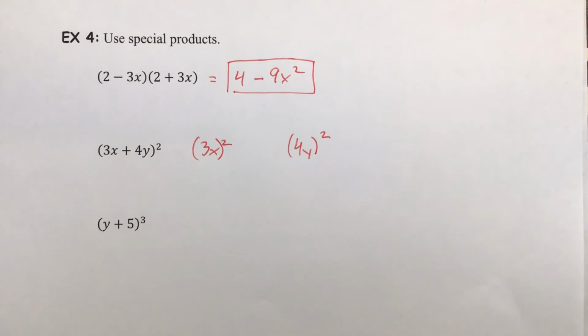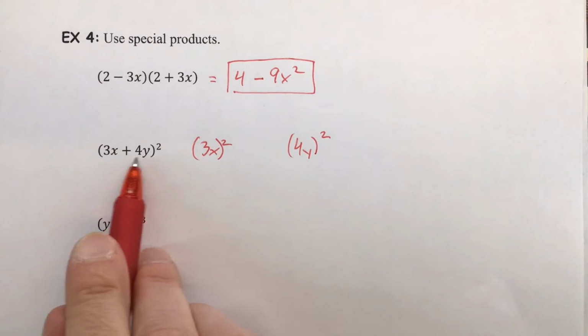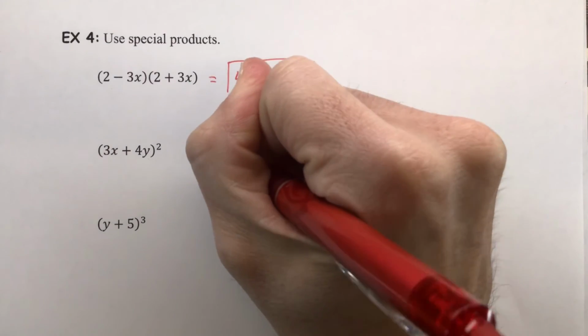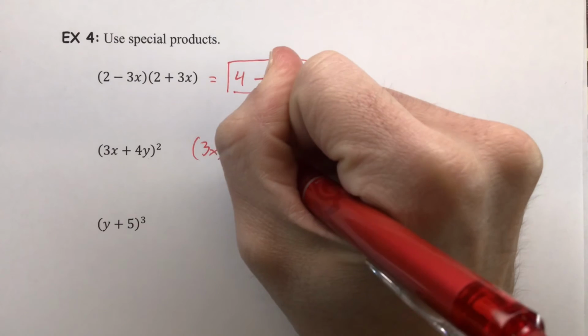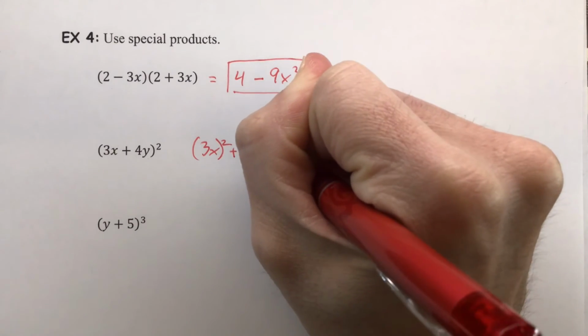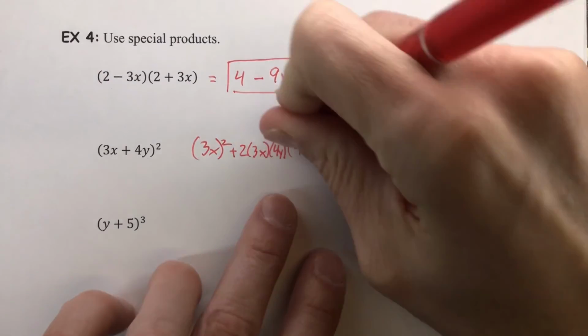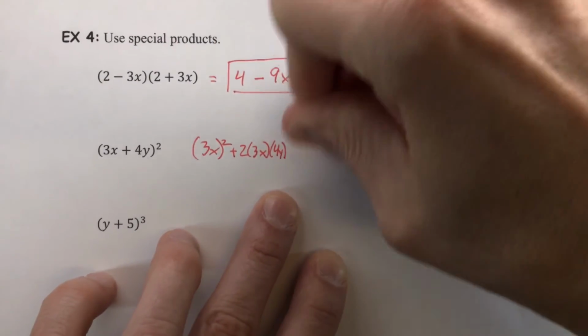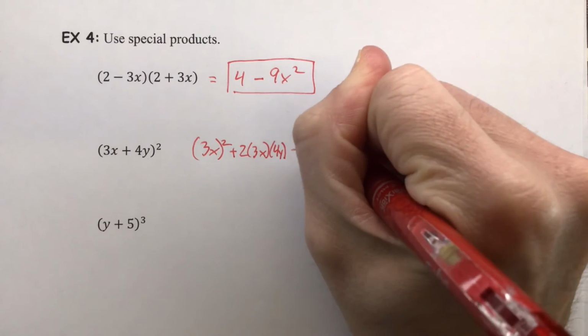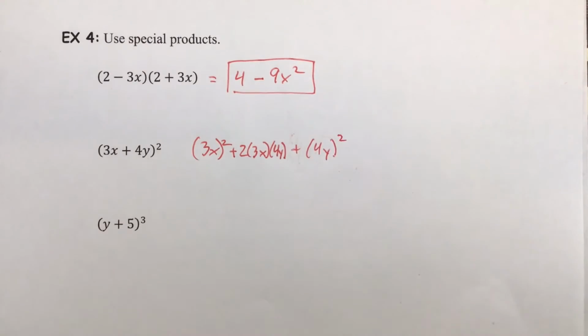In the middle, what you're going to get is 2 times the product of these two. It's 2 times AB. So we're going to have a plus 2 times 3x times 4y, plus 4y squared.